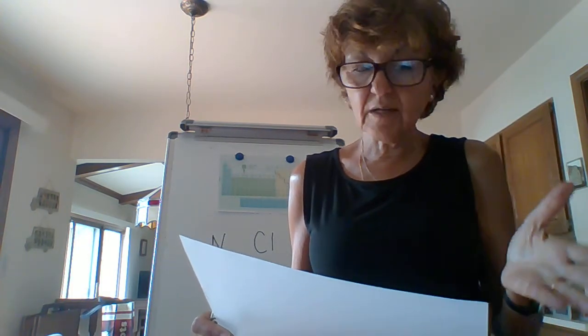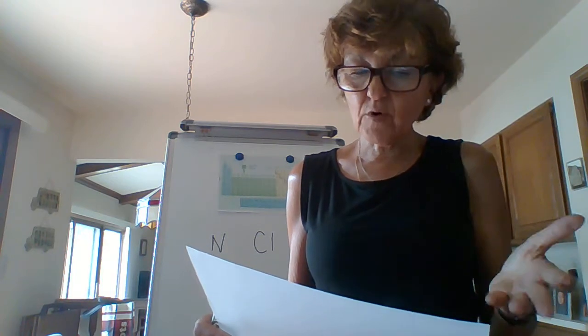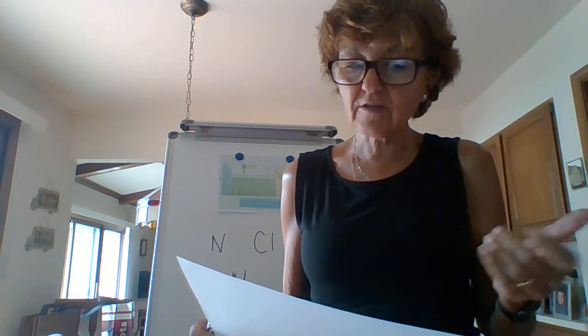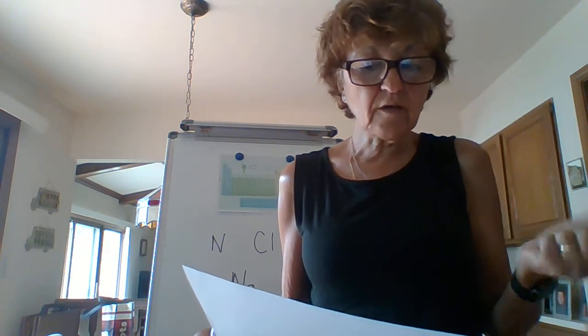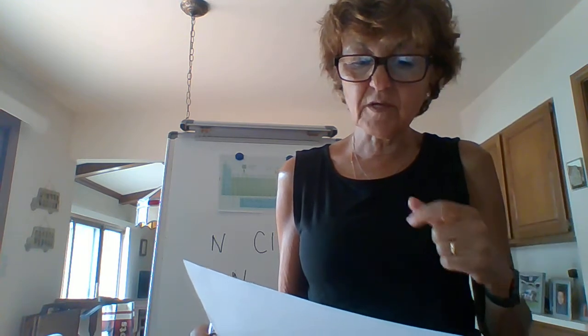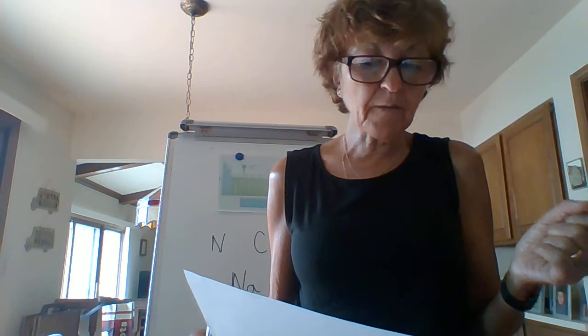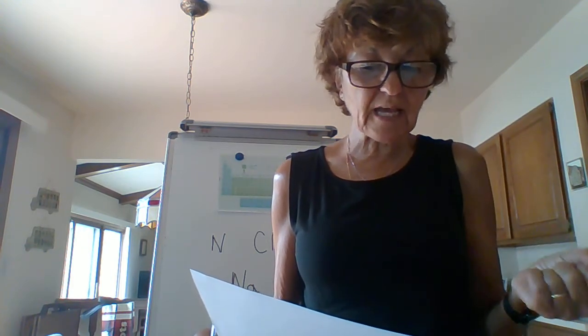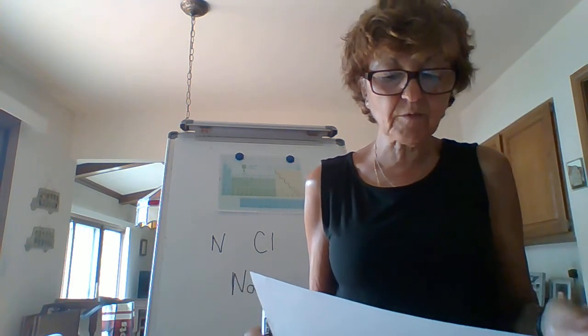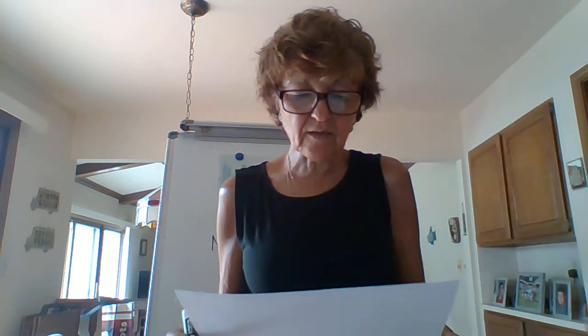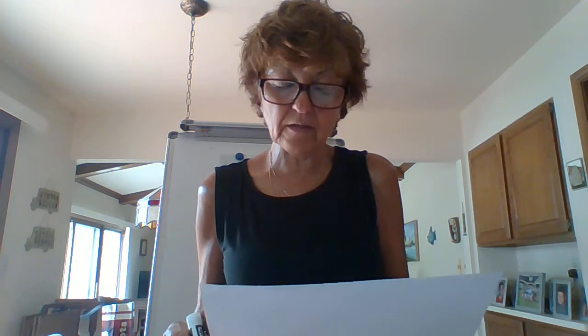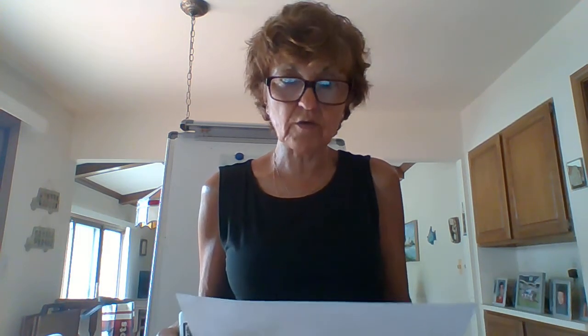Hydrogen, helium, lithium, beryllium, boron, carbon, nitrogen, oxygen, fluorine, neon, sodium, magnesium, aluminum, silicon, phosphorus, sulfur, chlorine, argon, potassium, calcium, scandium, titanium, vanadium, chromium, manganese, iron, cobalt, nickel, copper, zinc, gallium, germanium, arsenic, selenium, bromine, and krypton.